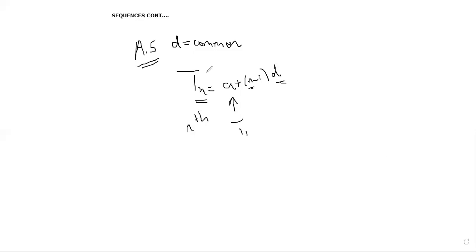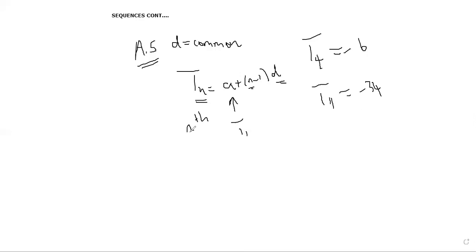So let's say they tell you that it is an arithmetic sequence, and they tell you that term 4 is equal to -6, right? And they tell you that term 11 is equal to -34. And then the question is: determine the arithmetic sequence if the fourth term is -6 and the 11th term is -34, right?